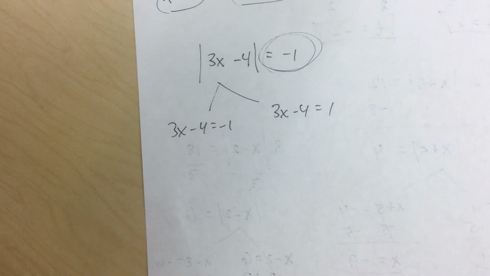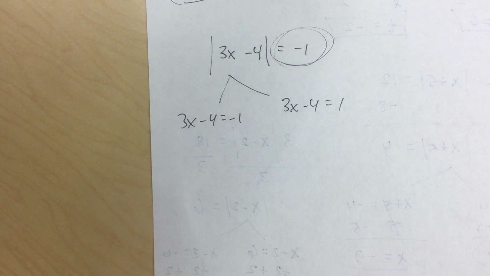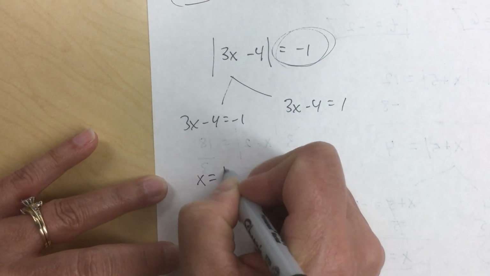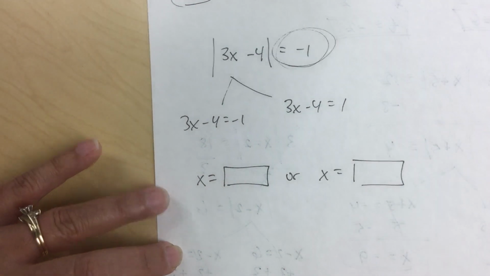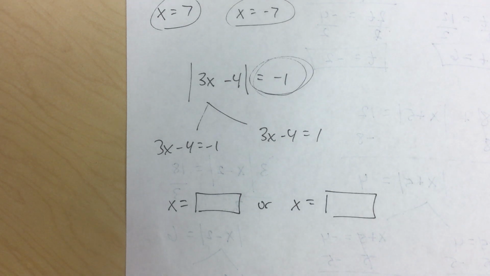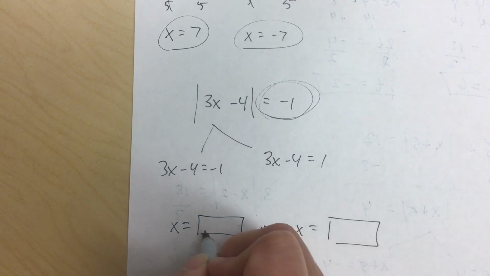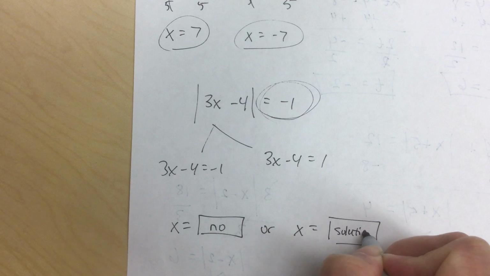On your homework, I'm getting quicker at figuring out how to make answer sheets so it is easy for you guys to put your answers in. Like this will say x equals and have a box, or x equals and have a box. Because all of these problems could have 2 answers, okay? If you have one like this that says no solution, type in no and type in solution.